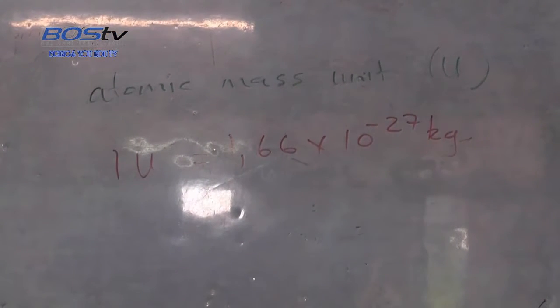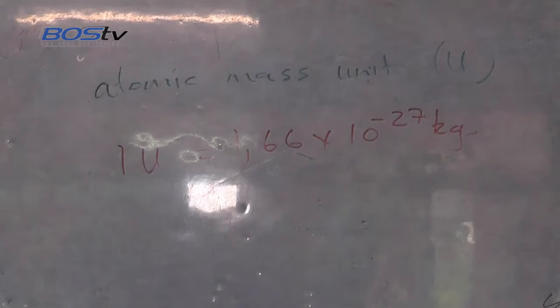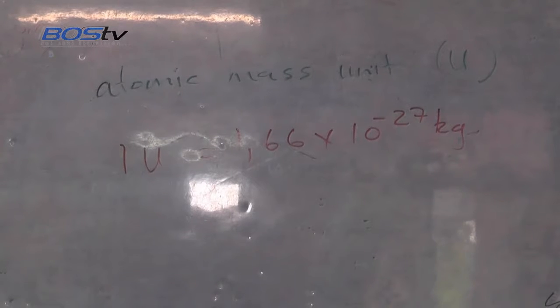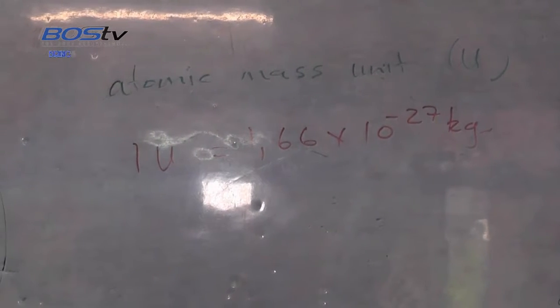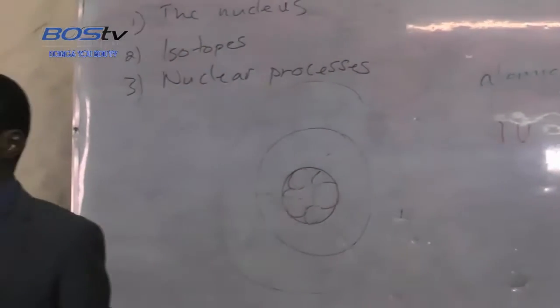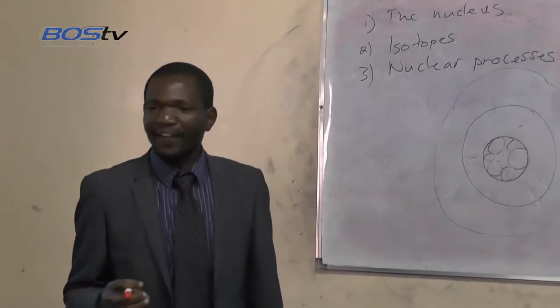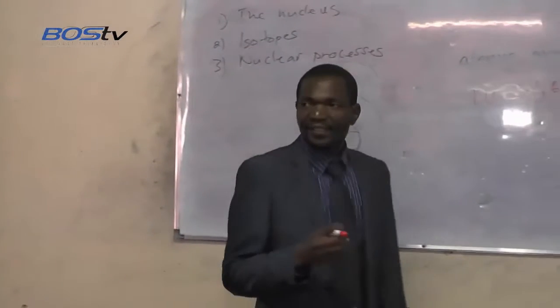So we are dealing with very small masses here. Then we can approximate the proton and the neutron to have the same mass, but at this level, actually the rest masses of a proton and of a neutron are different. Are we together? And we are referring to rest masses. Why?